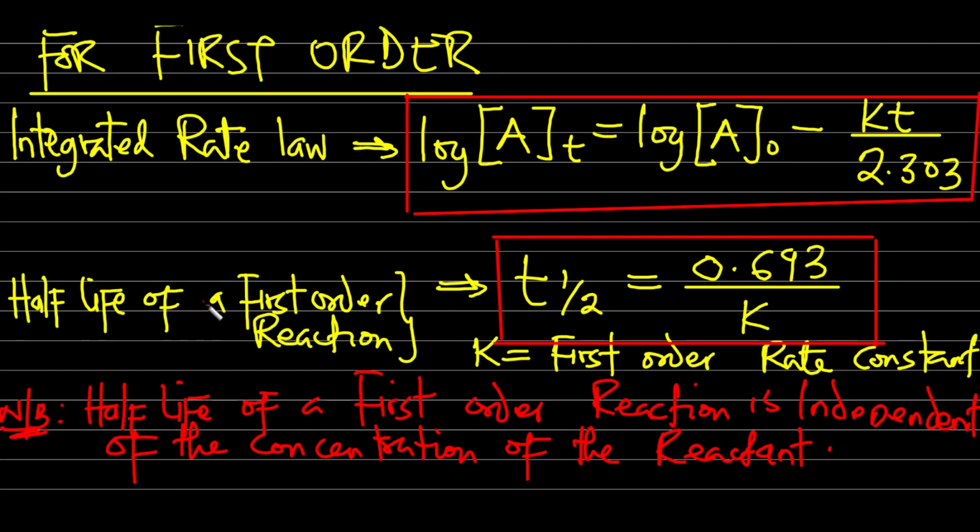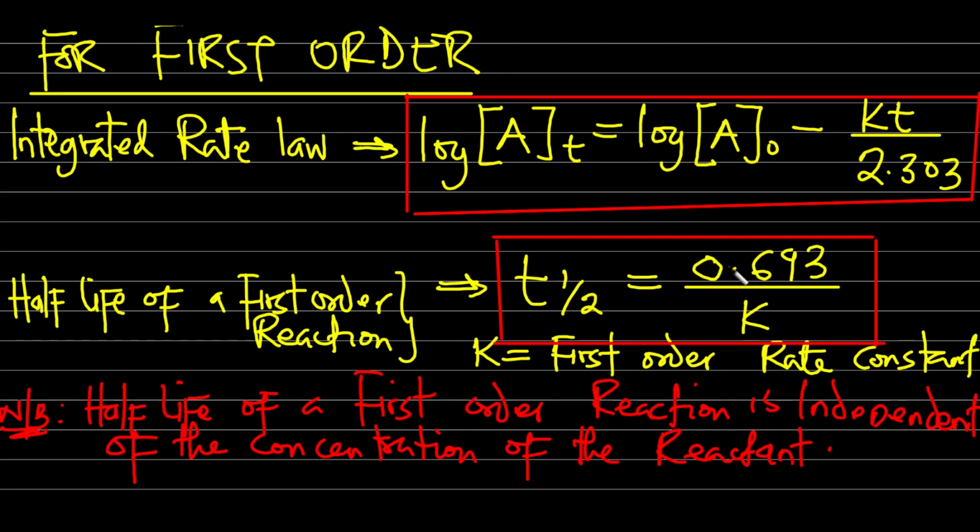Okay, now for a first order reaction, what is the half-life formula? We have t half equals 0.693 all over K. Now remember we said the various orders of reaction have different formulas for their half-life.